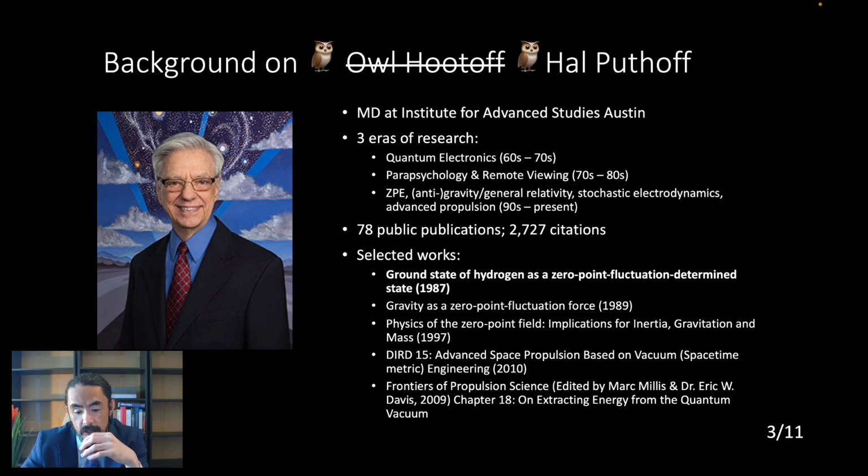He is the author of the DIRD paper 15. DIRD, of course, stands for the Defense Intelligence Reference Document. He authored, I think, 38 or 39 of those papers. He authored paper number 15, which is on advanced space propulsion based on vacuum space-time metric engineering.